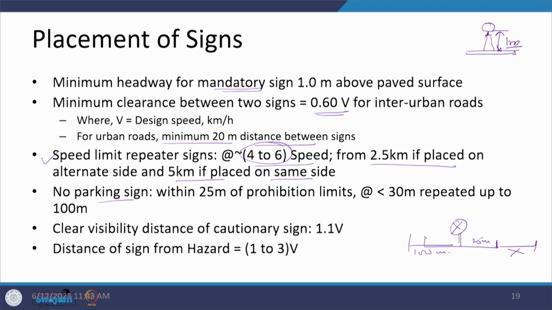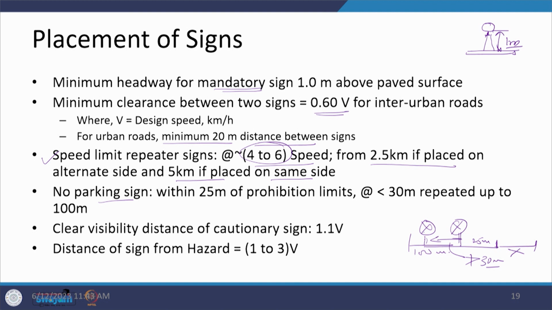So, that means, if I am placing another sign here, then this distance should not be more than 30 meters, it should be less than 30 meters. So, it means there is a possibility of 3 or 4 such signs being placed alongside the no parking area.